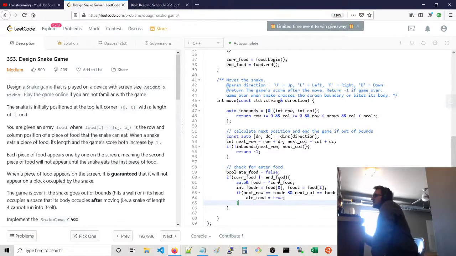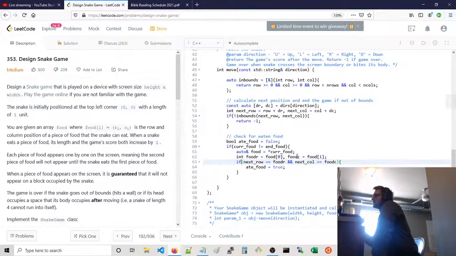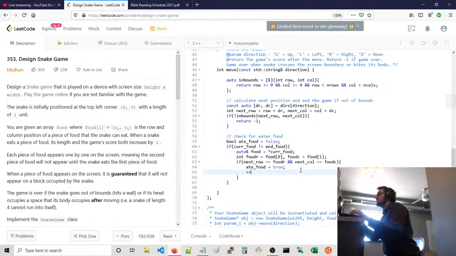Now what you can do is, right, if we ate the food, then we're going to modify our food pointer, right?